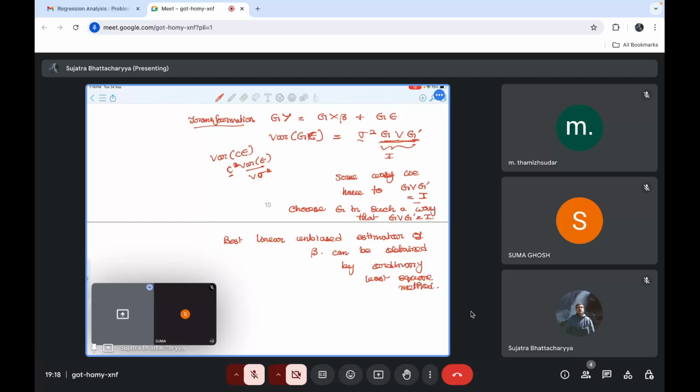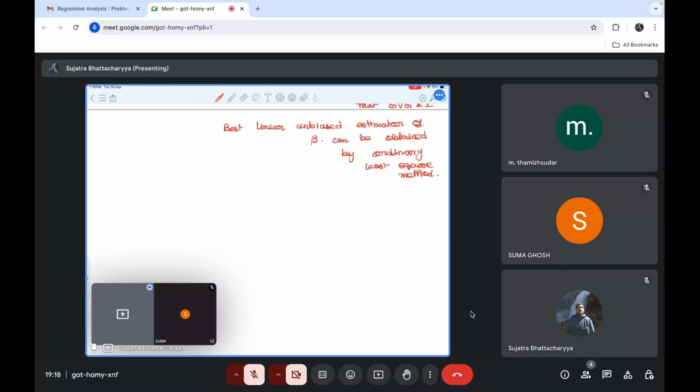That's the thing. So let's see what we can do. What we require is G V G prime should be equal to I. Correct? So what we do now is that we post multiply with G prime inverse. So GV times G prime into G prime inverse will be I, and this becomes G prime inverse.